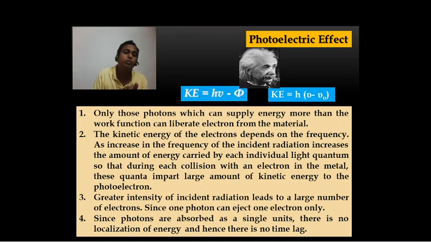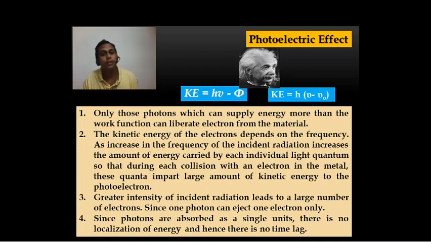That frequency is called threshold frequency. The electrons can eject only when the incident photon has energy higher than the work function. That minimum energy or minimum frequency is called threshold frequency.